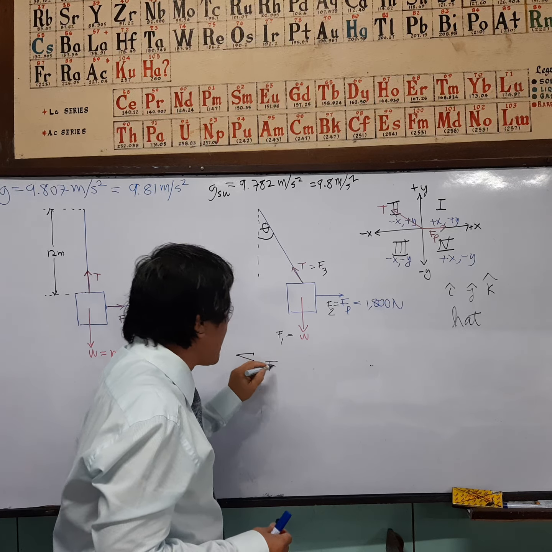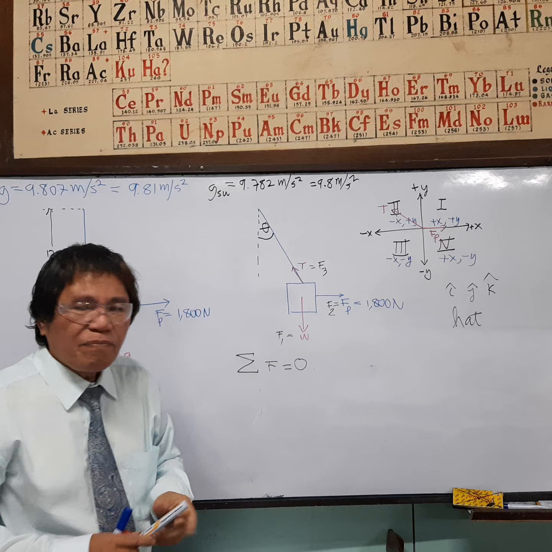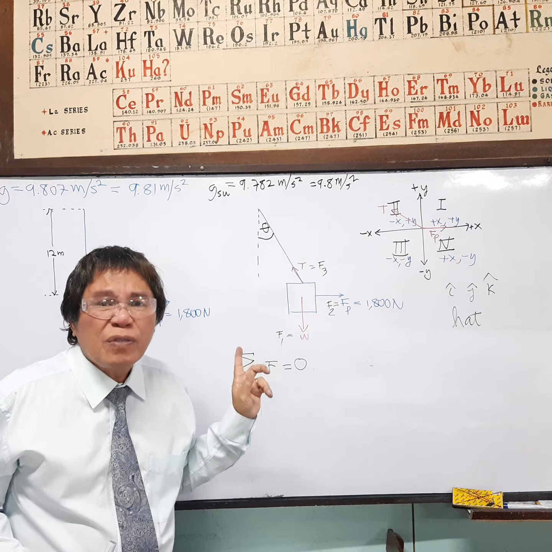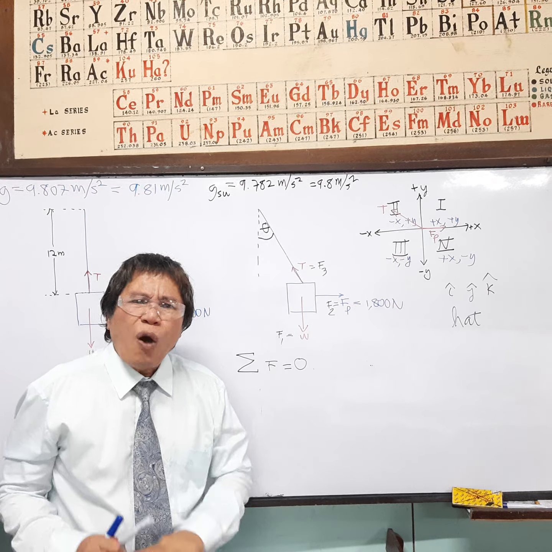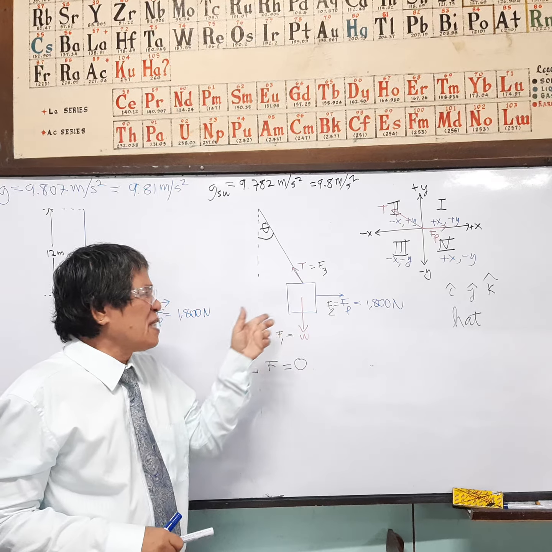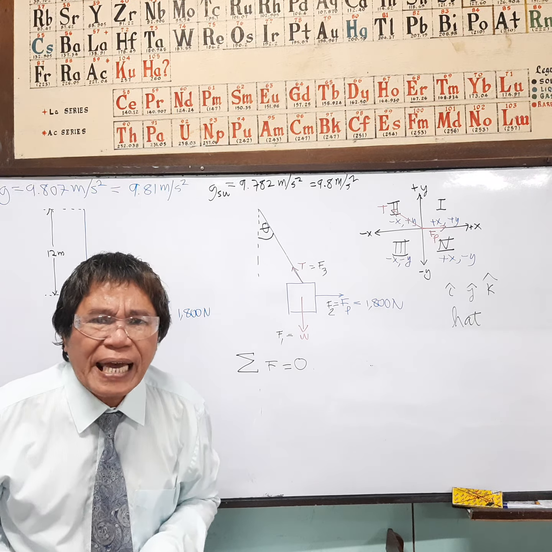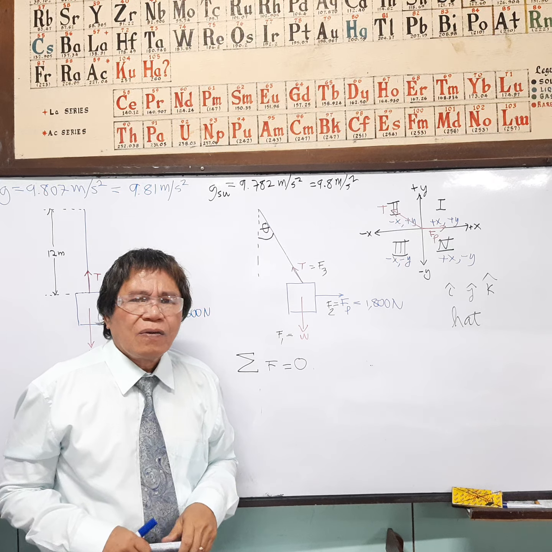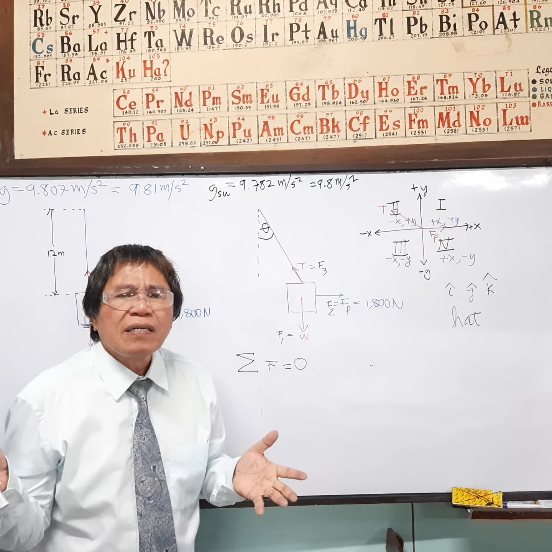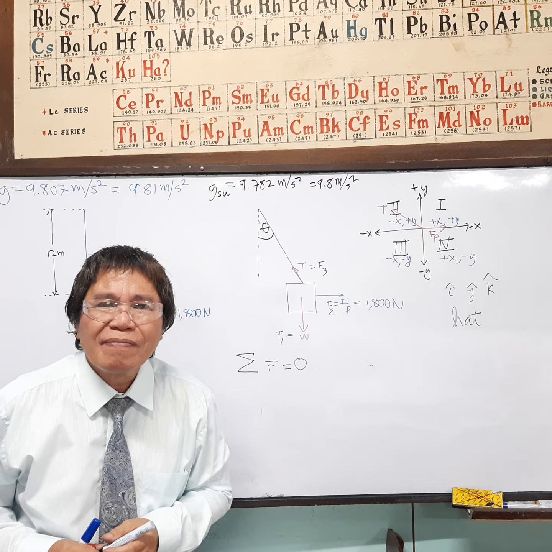Summation of forces here equals 0. And this is true only in equilibrium condition, when all forces acting on the body, in this case the crate, balance each other and sum up to 0. Then we have equilibrium condition.